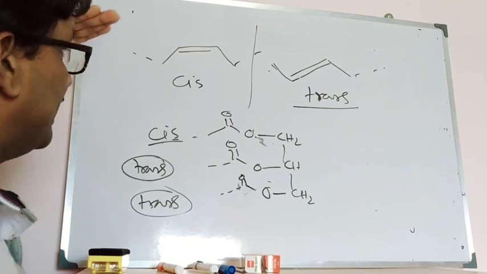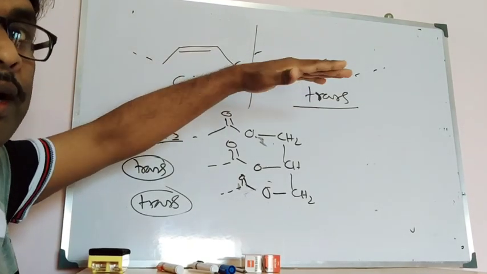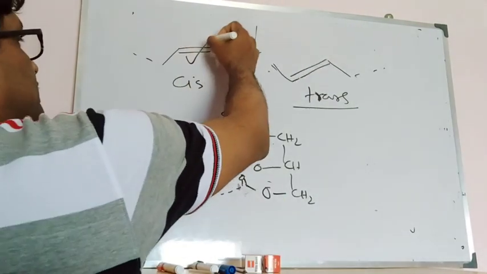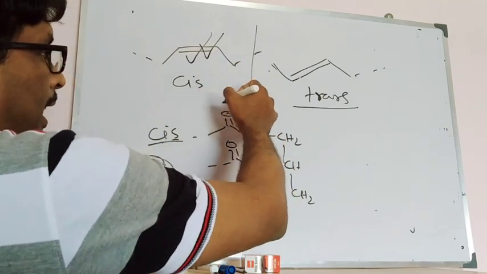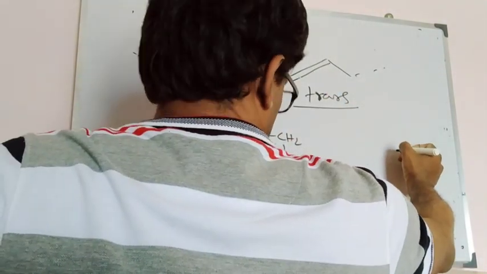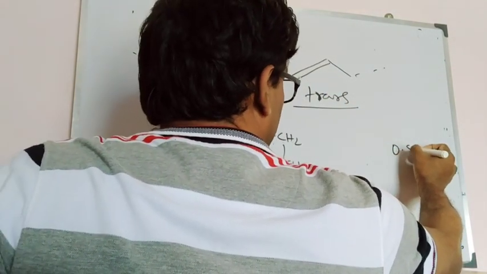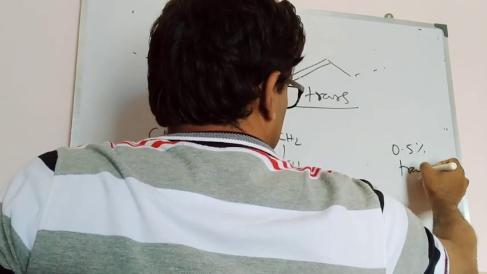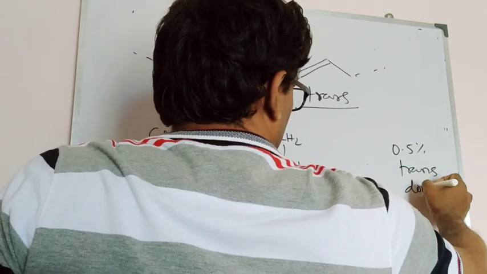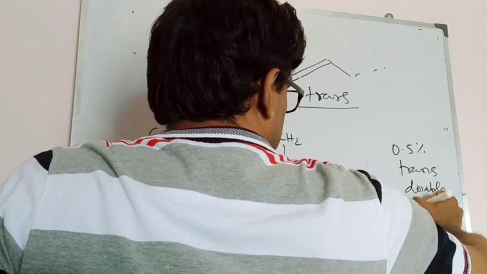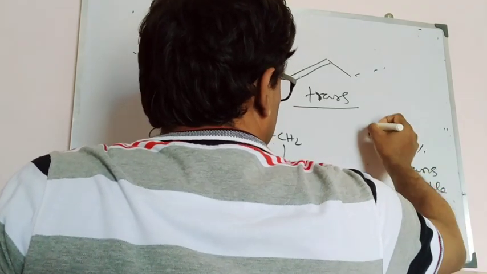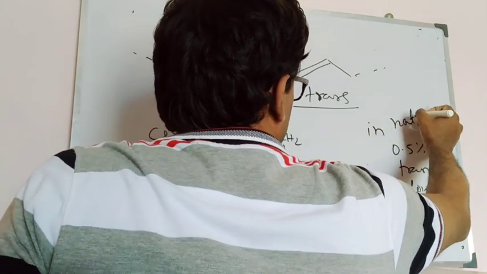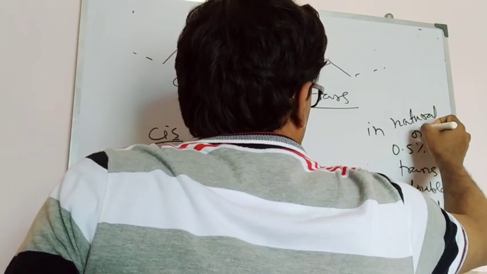So the naturally occurring oils contain more cis, which is very good for us. Natural oil contains only 0.5% trans double bonds.